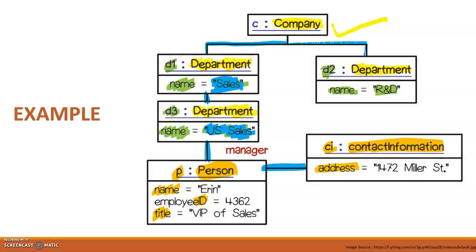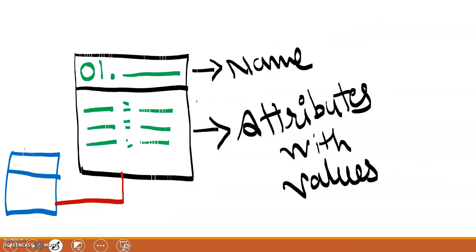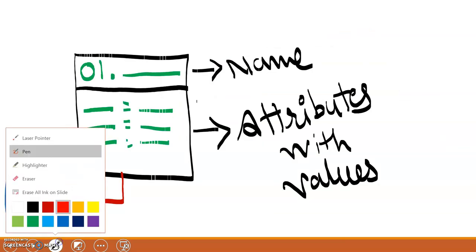So which things do you need to keep in mind? First, when you draw the object diagram, first identify the class, right?